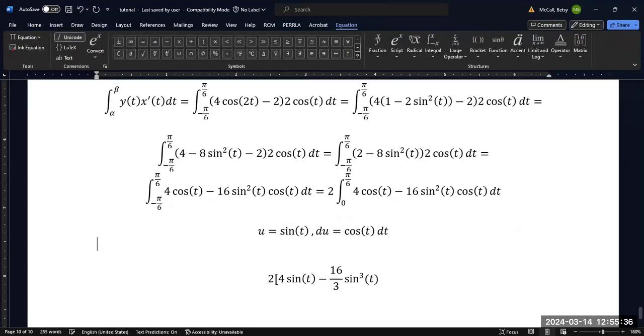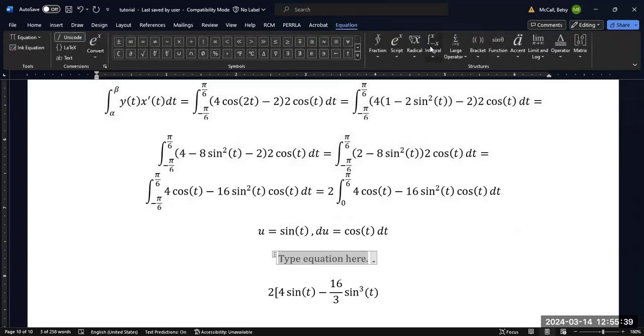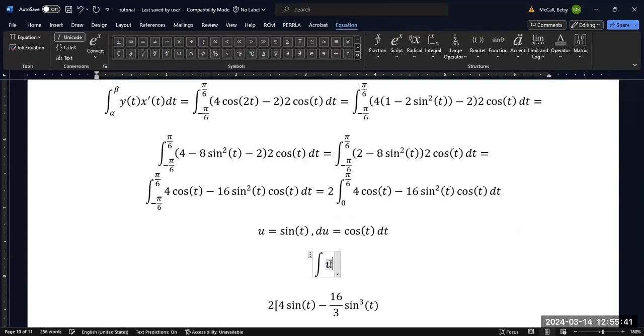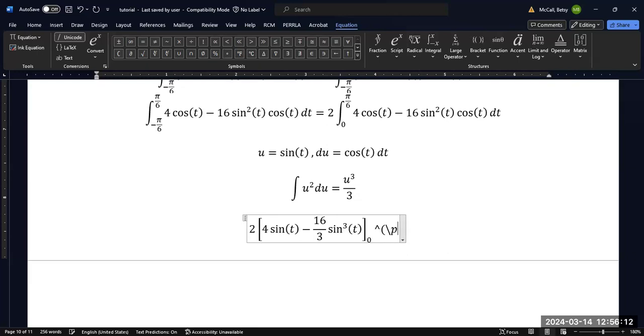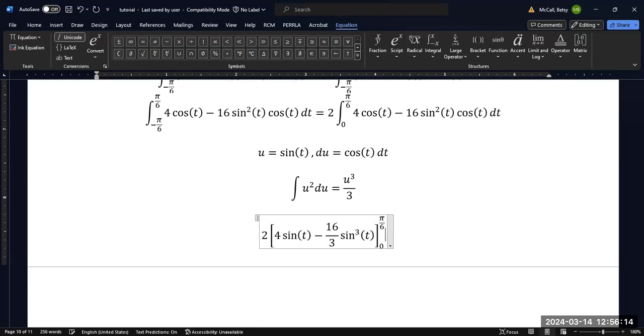And so again, we can make this a little clearer. This is u squared once we do the substitution, which is how we're getting u cubed. And because it's a definite integral, we're not worrying about the limits here. But that's where this 3 comes from. That's where the sine cubed comes from. And then we're going to evaluate this whole thing between 0 and pi over 6.